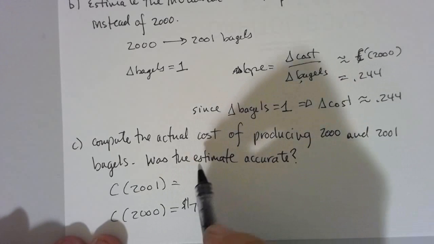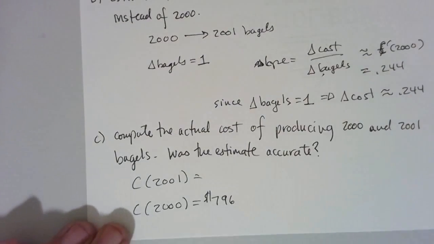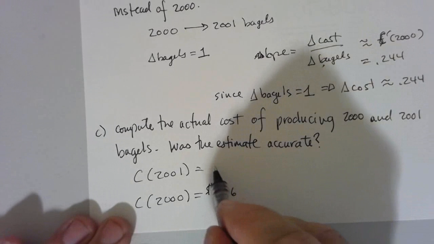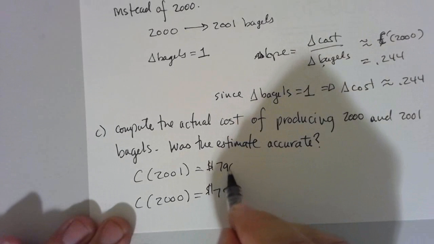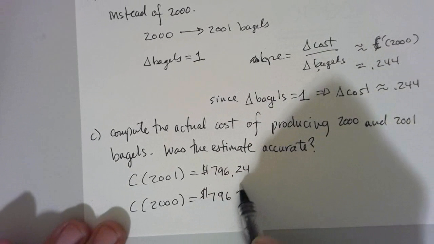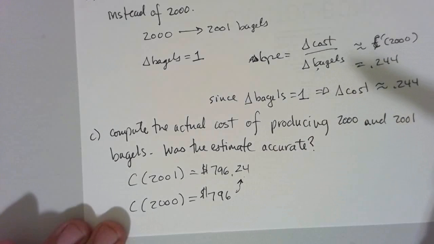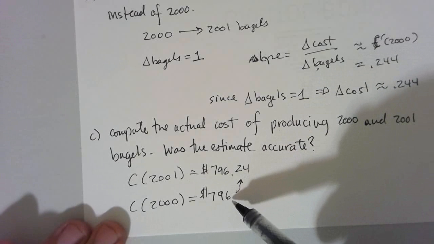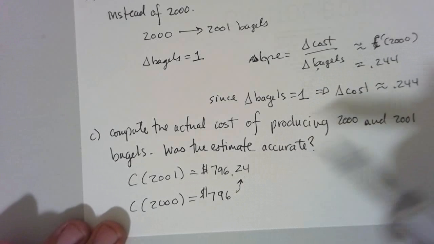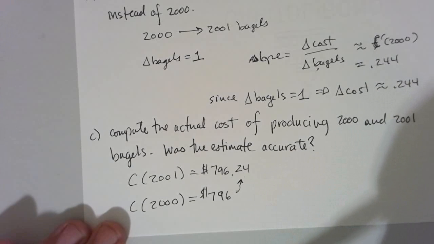And the cost for 2001 bagels, this is just putting numbers into this function, is $796.24. So was the estimate accurate? Well, you tell me. Well, you can't because you're watching a video. It went up 24 cents, and our estimate was about 0.244, so I think our estimate was pretty accurate.